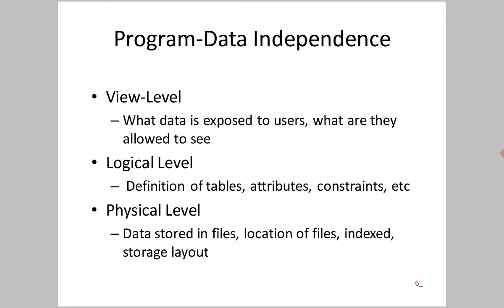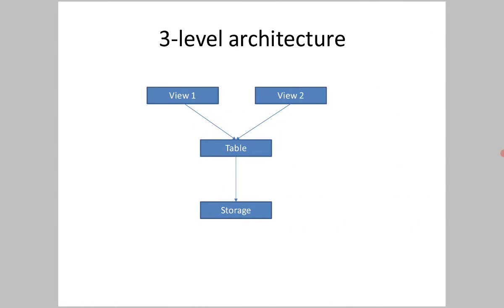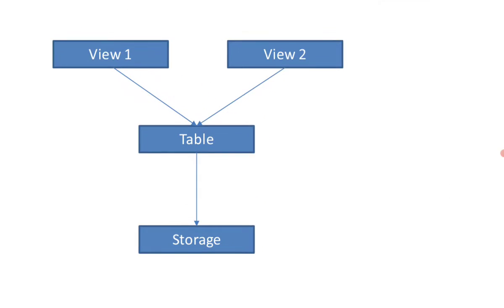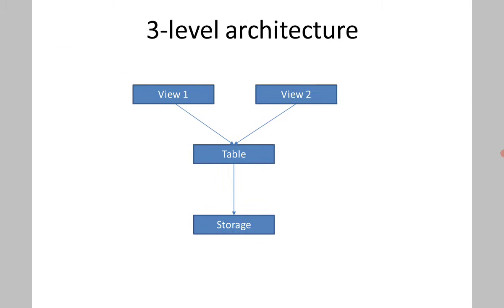And the physical view. In the physical view, data is stored in the format of files, various file locations, directories, indexed files, and storage layouts. All these are defined. So this is a three-level architecture. View 1 and view 2 are directly related to tables, that is the logical view.